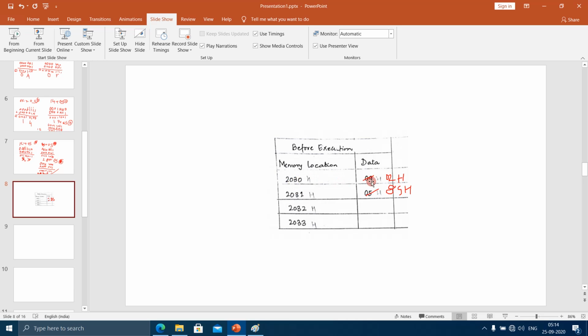So at 2030 I have stored 02 and at location 2031 I have stored 85. I have to add 85 two times. Like here we added 5 nine times, in this case I will add 85 two times.